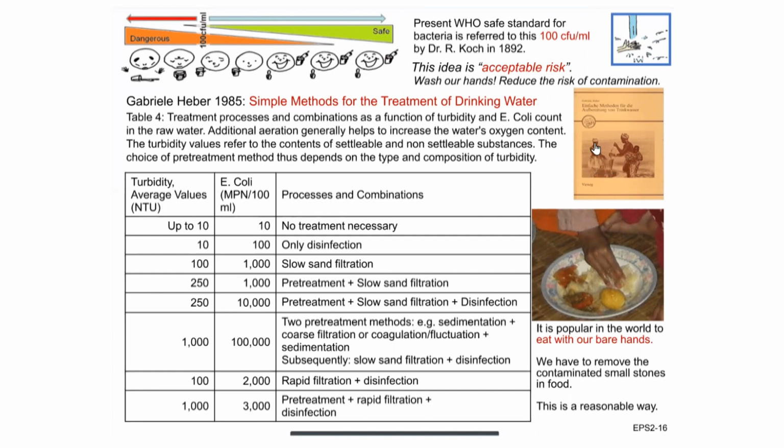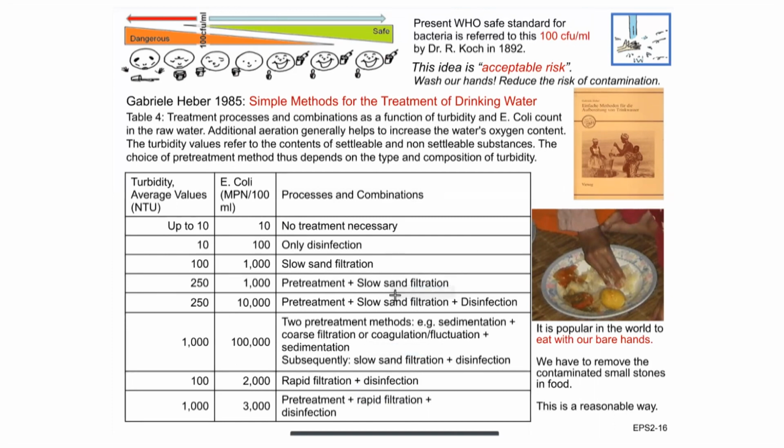In this textbook, there are criteria for the turbidity and E. coli numbers in the original water, which determine the treatment necessary. With a small number of E. coli, no treatment is necessary. Even only disinfection, or filter, and for heavily polluted water, we need chemical treatment, rapid filtration.